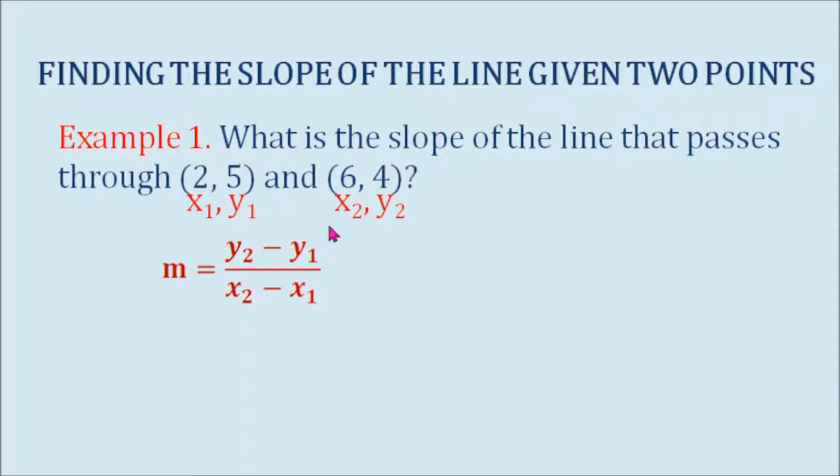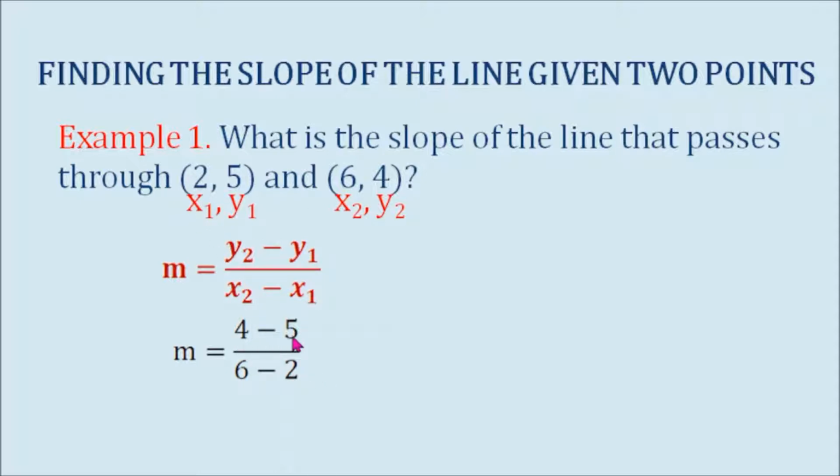Substituting these numbers to our formula, this is what we get. M equals 4 minus 5, that's y sub 2 minus y sub 1, over 6 minus 2, that's x sub 2 minus x sub 1.